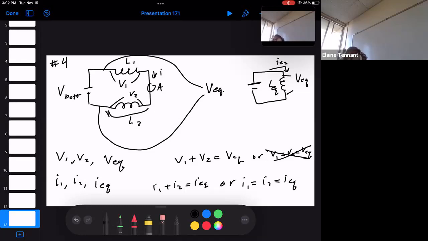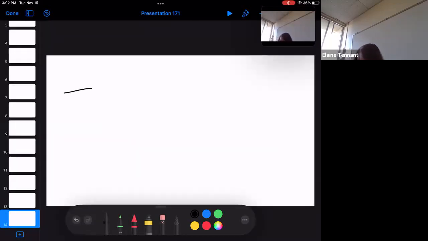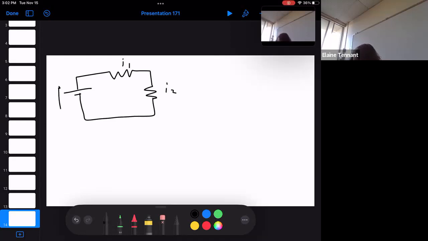Well, let me just go ahead and ask you this. If I have resistor 1 there and resistor 2 there, and say the current through the battery there, I don't even need the current through the battery.